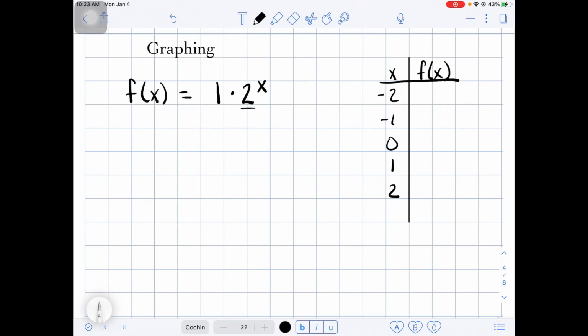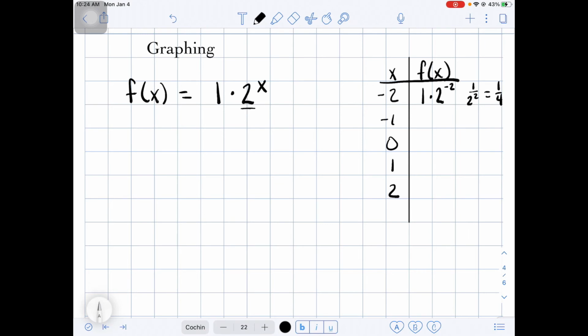So I'm thinking about what I'm putting in. This negative 2 is going to go in for my x. So it's like saying 1 times 2 to the negative 2. I know that 2 to the negative 2 is really 1 over 2 to the 2, which is 1/4, times 1 still gives me 1/4.